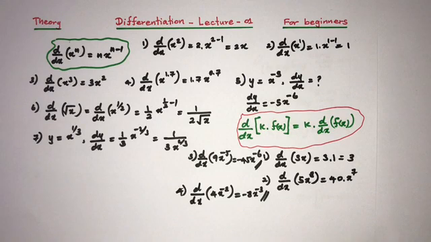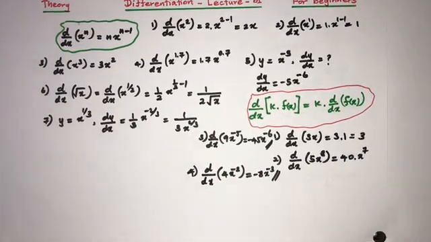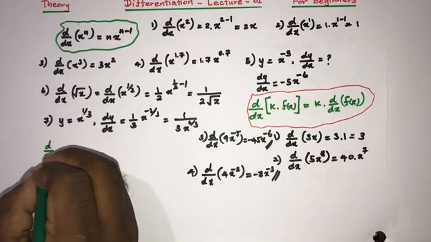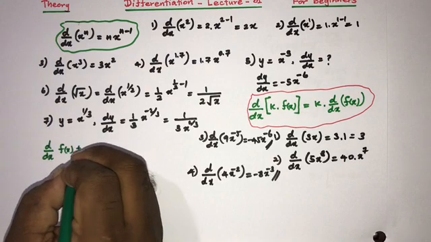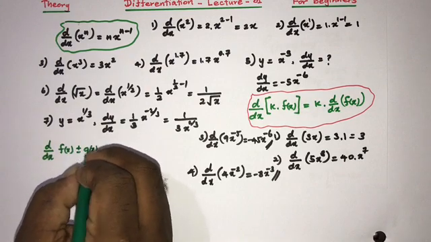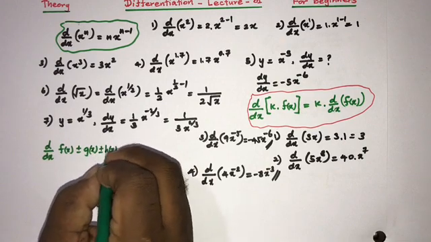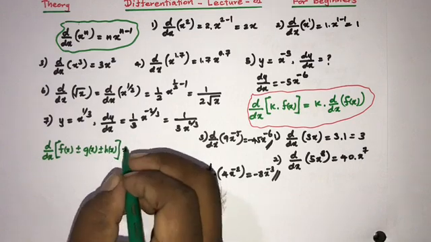Well, then we have to learn another important fact. If we take the derivative of f of x plus or minus g of x plus or minus h of x, we can differentiate separately.